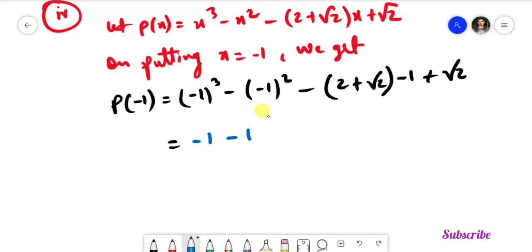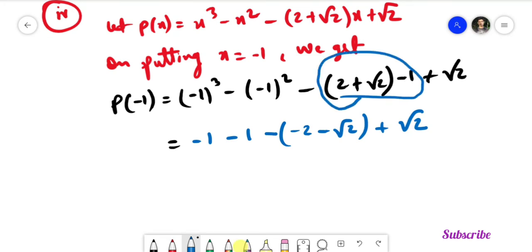First of all, we'll do one thing. 2 into this one is your minus 2. I will do it inside the bracket, minus 2. Then 1 into minus root 2 will be again minus root 2 plus root 2. This one is multiplied. I hope you understood this one properly.